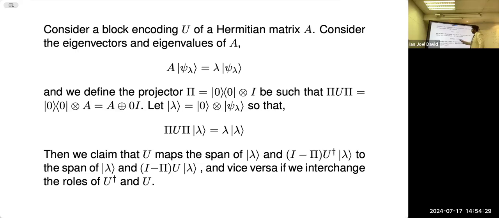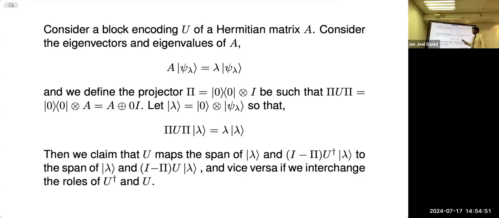Now, if we define this new vector lambda as just being this 0, which is a single qubit 0, tensor the eigenvector, we do this so that when we apply our conjugated unitary U to this vector lambda, we get back the eigenvalue of A as well as this vector lambda.